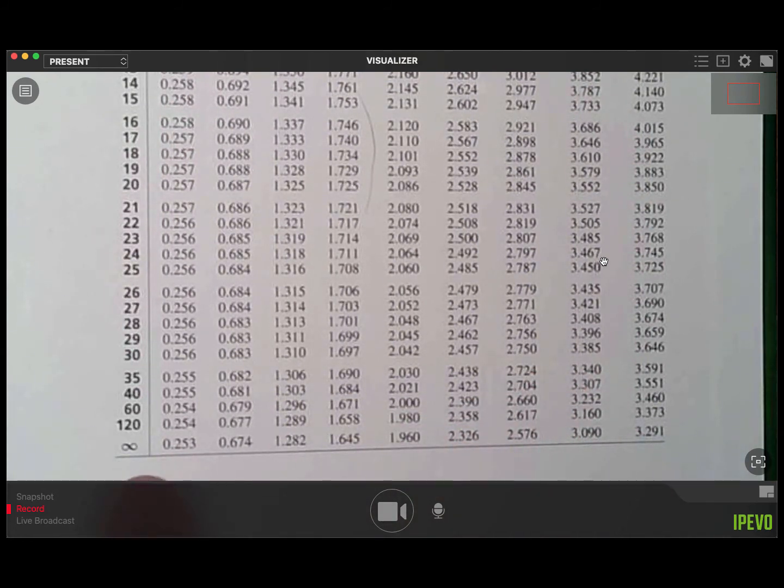The last row, they've got a row here for infinity. These are the numbers that totally agree with the standard normal distribution. It's the idea that as n gets bigger and bigger, the student t-distribution gets closer and closer to the normal distribution. Well, there you go. That's that last row. So if you just need a simple reference for some standard normal numbers for different alpha values, you can find it in the t-value table.